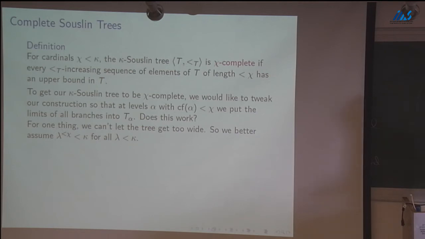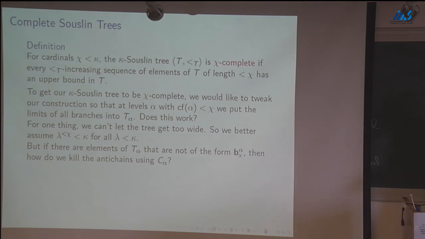Well, for one thing, we need some bound on cardinal arithmetic. Otherwise, the tree will get too wide. So we have to assume that there aren't too many branches leading to a level alpha. Otherwise, it generally cannot work. So that's one assumption.